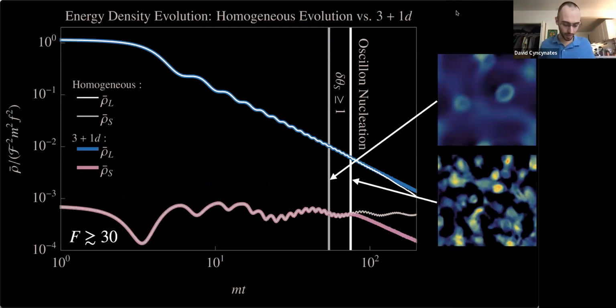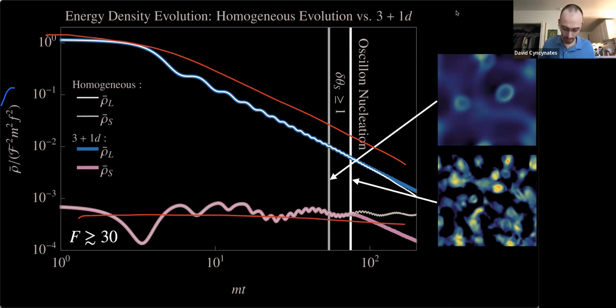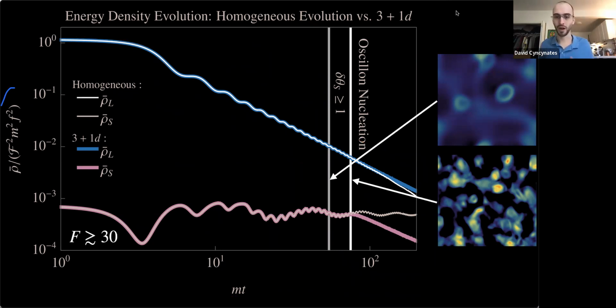So to see this happening, we can plot the energy density of the long and short axions. Again, long axions up here, short axions here, versus time. The blue and pink curves correspond to the energy densities averaged over the box of a 3+1D simulation of friendly axions, while the white and beige curves correspond to our homogeneous prediction from the previous section.